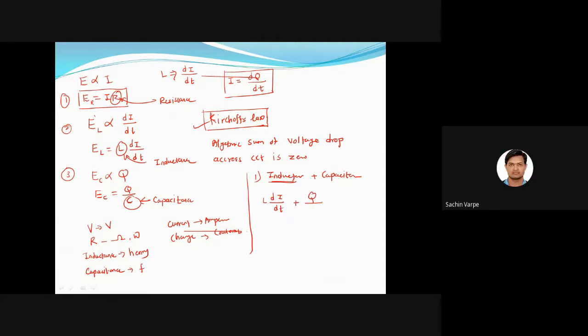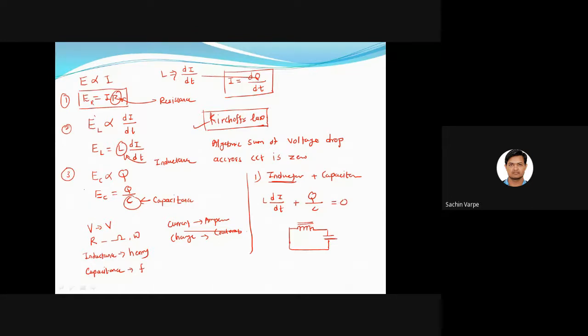So the algebraic sum, and suppose this is a circuit, this is an inductor. I'm not good at drawing, but I hope this is correct. This is the inductor, and this is, suppose, the capacitor, right? If we consider it without a battery, then there is no electromotive force, so that equates to 0, right? Am I right?